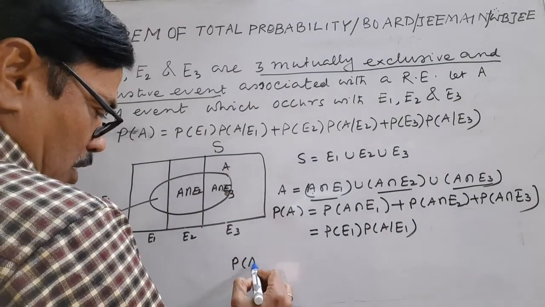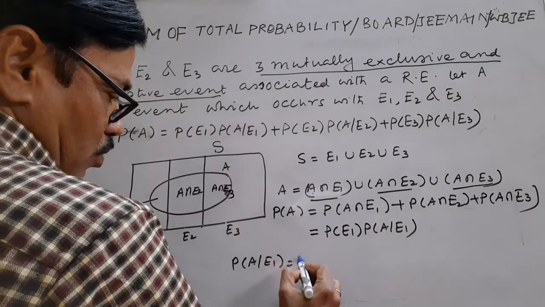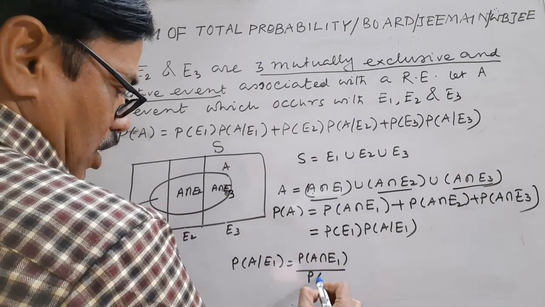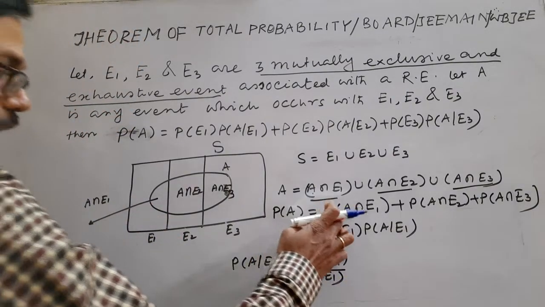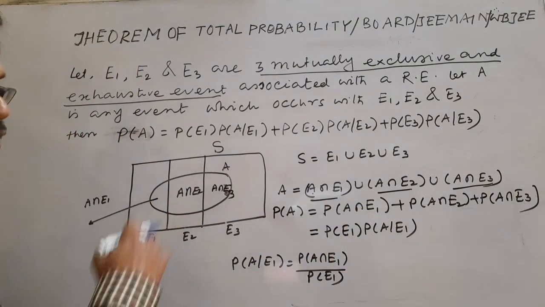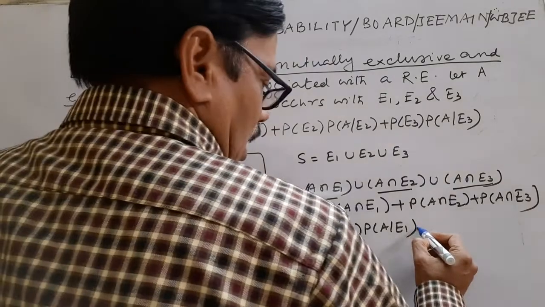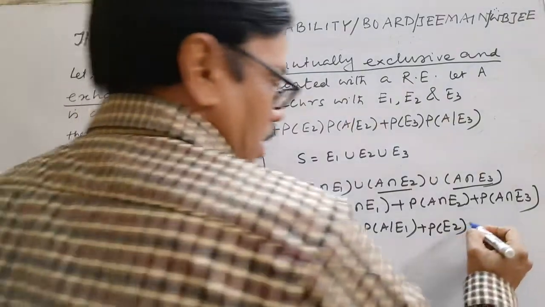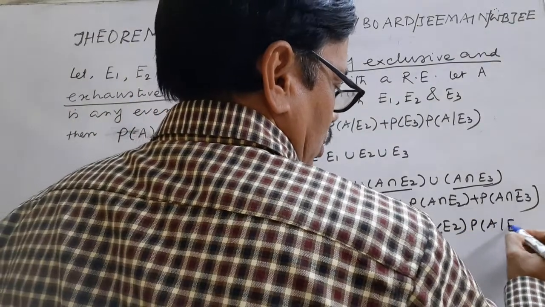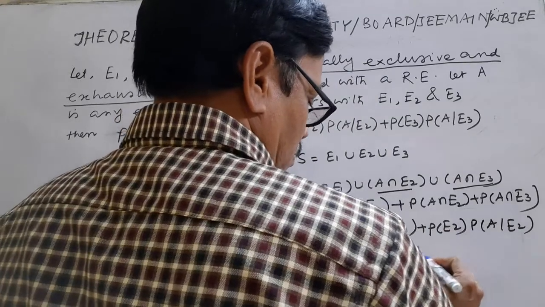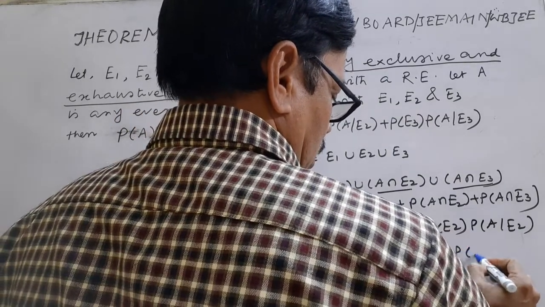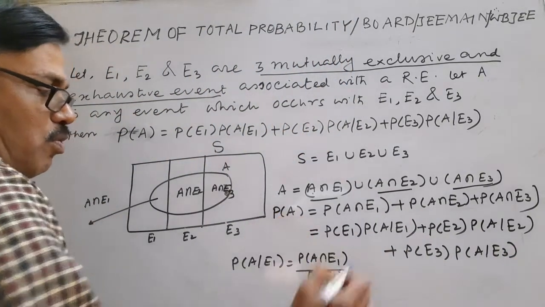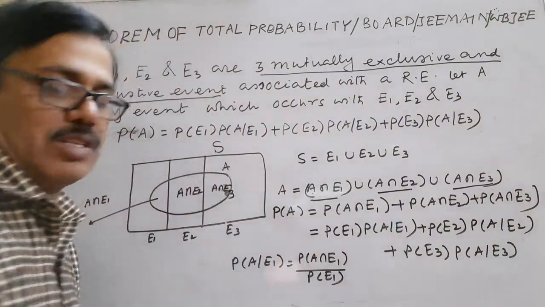Look, P(A by E1) equals, from conditional probability, P(A intersection E1) by P(E1). So what is P(A intersection E1)? P(E1) into P(A by E1). Similarly, this is P(E2) into P(A by E2), and the third one is P(E3) into P(A by E3). So this is the proof. P(A) equals this.